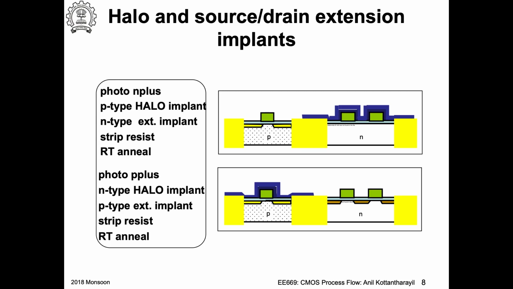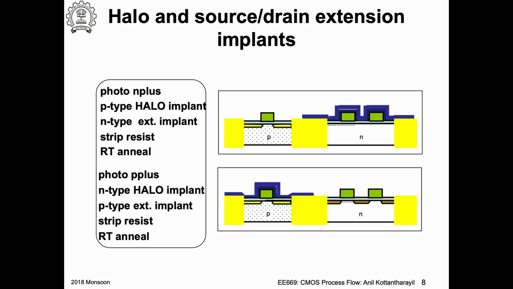Now, a very important question for you is: why don't we do this process in reverse sequence? Let's say we do all the implants on the P-channel transistor first. You see the two segments of process, right? One is the photo N plus, that group of 5 steps, and then the next group is photo P plus.